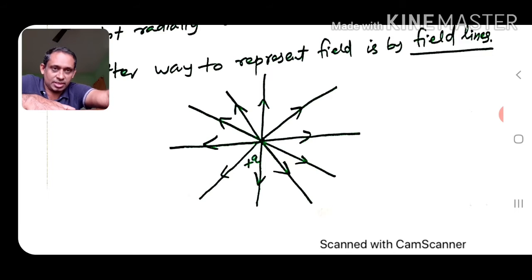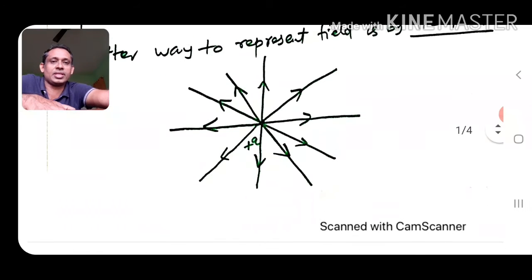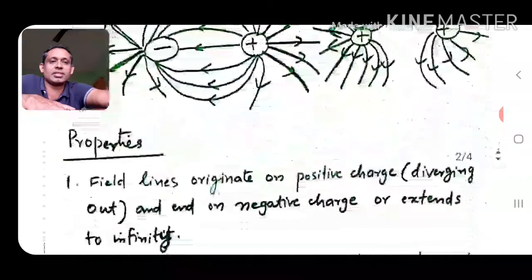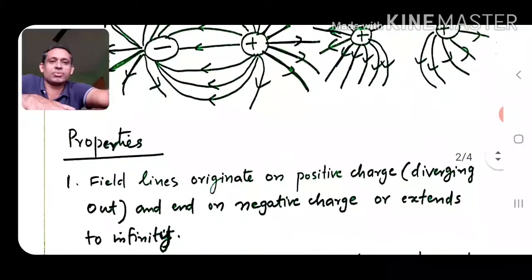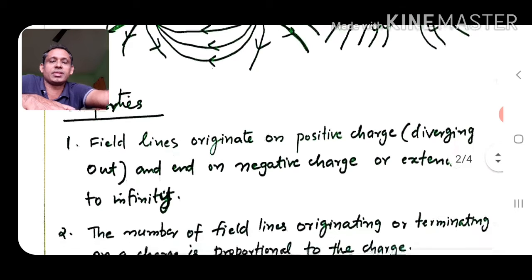For a negative charge, the electric field lines will be exactly the same, with just one difference. For a positive charge the arrows point away from the charge. For the negative charge, they will be pointing towards the charge. That is the only difference. So these are the electric field lines. So what are the properties? Electric field lines originate on positive charge.